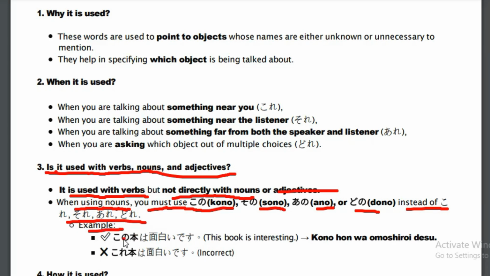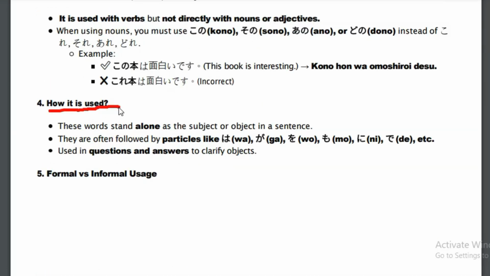For example, kono hon wa omoshiroi desu means this book is interesting, not kore hon wa omoshiroi desu. That was incorrect. How is it used? These words stand alone as a subject or object in a sentence, and they are followed by particles like wa, ga, o, mo, ni, and de.